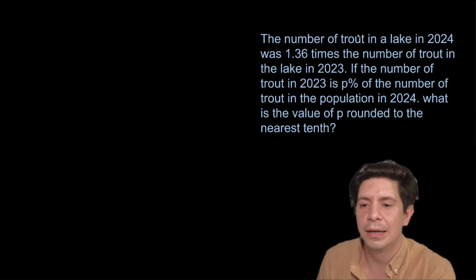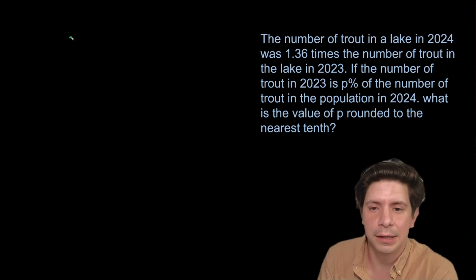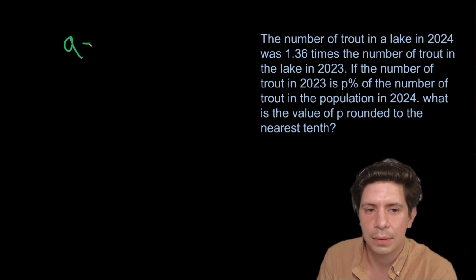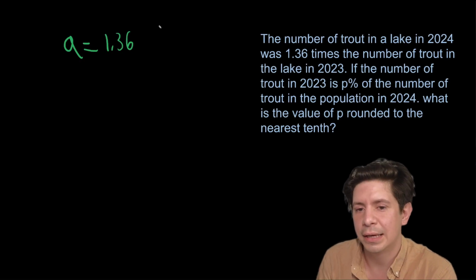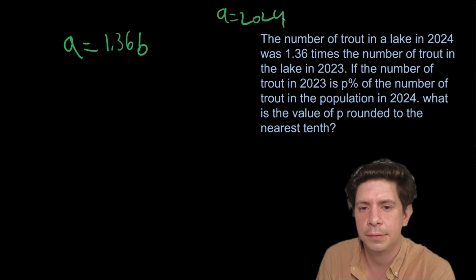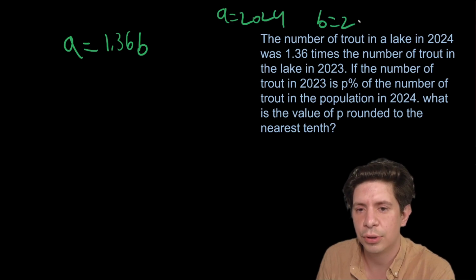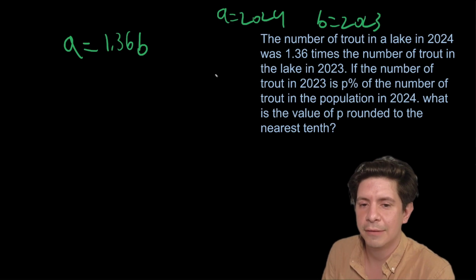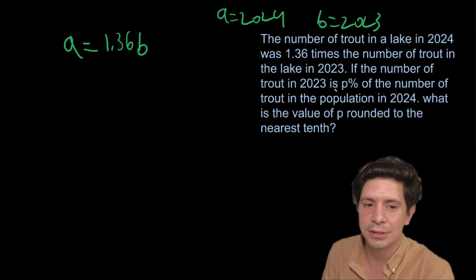So the number of trout in the lake in 2024, let's call that A, equals 1.36 times the number of trout in the lake in 2023. That'll be B. So A equals 2024, B equals 2023. If the number of trout in 2023 is P%, so now they're flipping it on us.